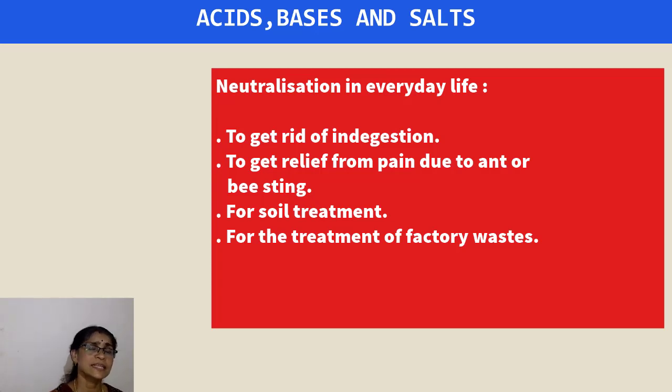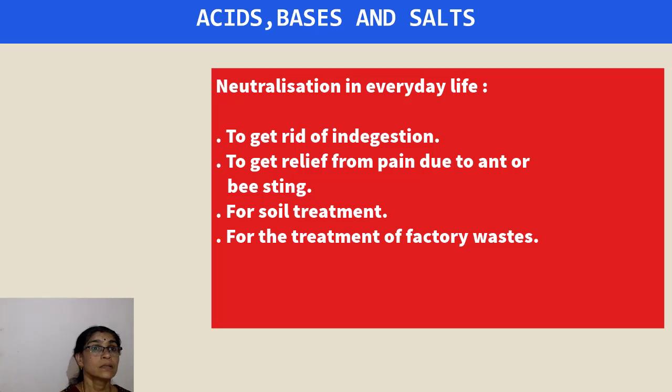Another use of the neutralization reaction is for the treatment of factory waste. The waste coming from factories may be acidic or basic. These acidic effluents flow directly into water sources.